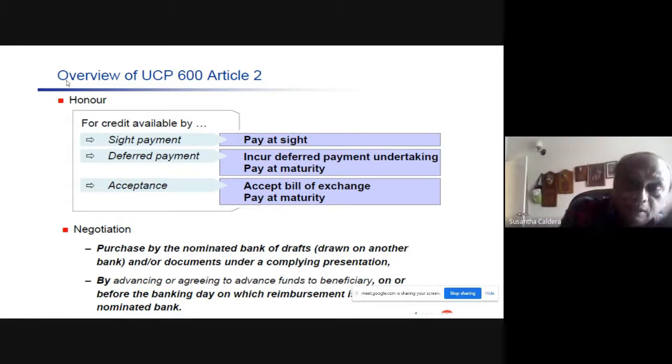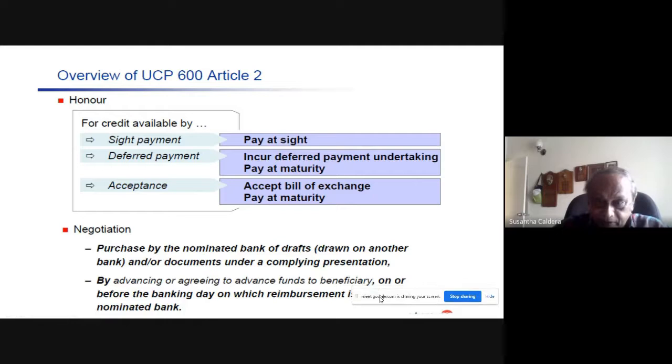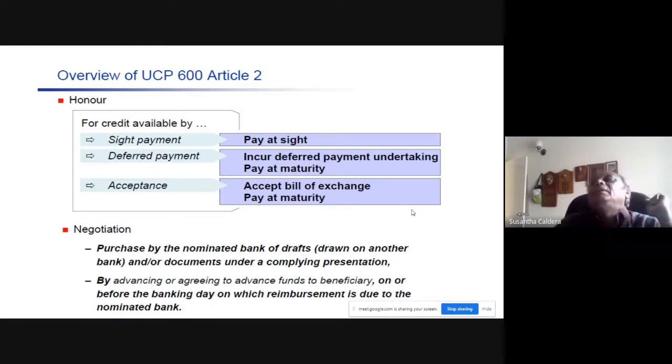What do you mean by advancing or agreeing to advance funds to the beneficiary? Sometimes we give the value immediately, purchased by the nominated bank of the drafts, if it is a compliant presentation. The other one is advancing or agreeing to advance funds to the beneficiary on or before the banking day on which the reimbursement is due to the nominated bank.